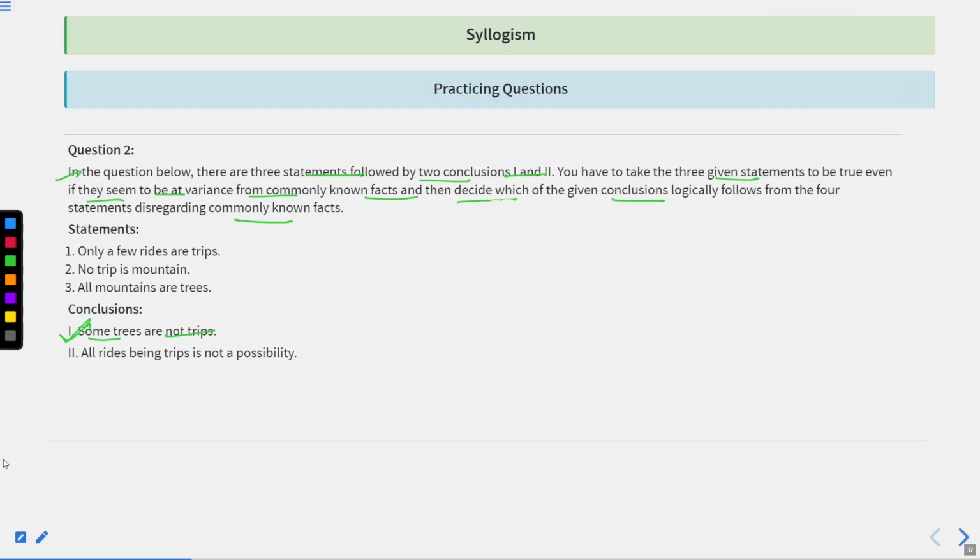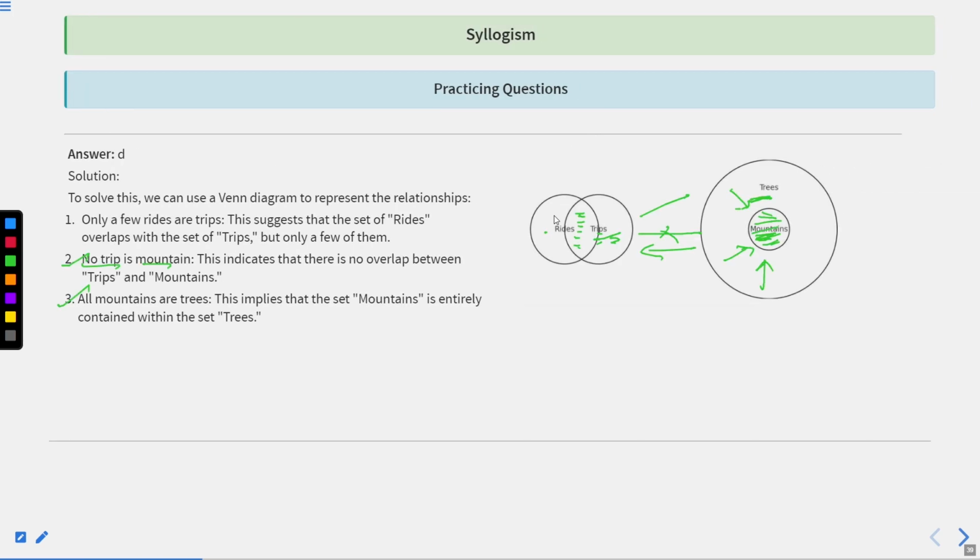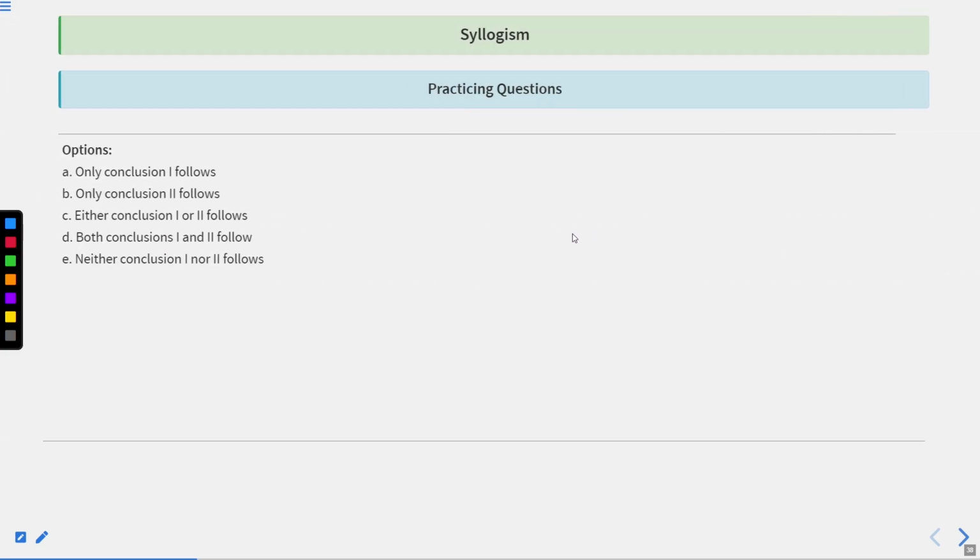And the second one is all rides being trips is not a possibility. All rides being trips. So we are talking about those some trips which are rides, okay?